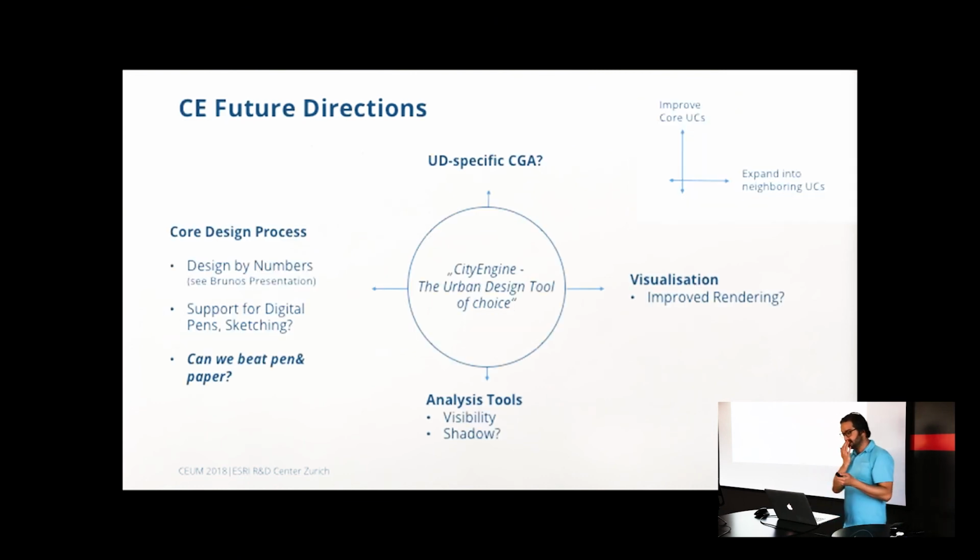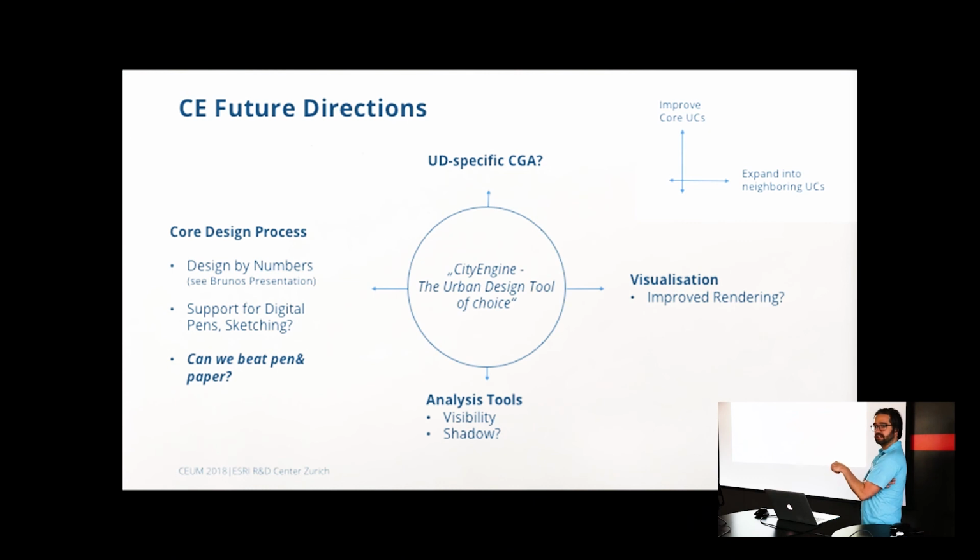So what does that mean for us, or what could this mean for CityEngine to become really the urban design tool of choice? I think one of the very interesting things is this topic here, design by numbers.